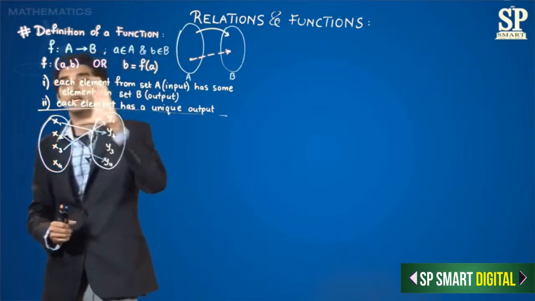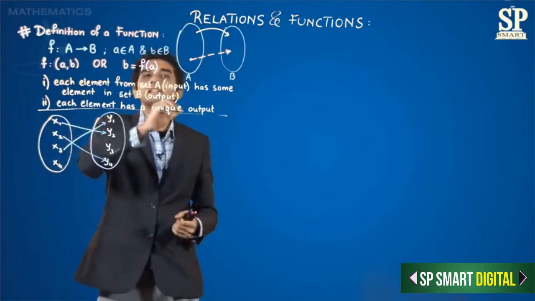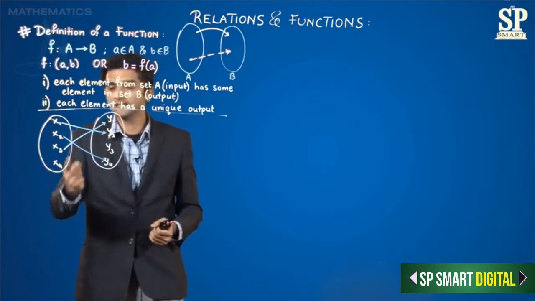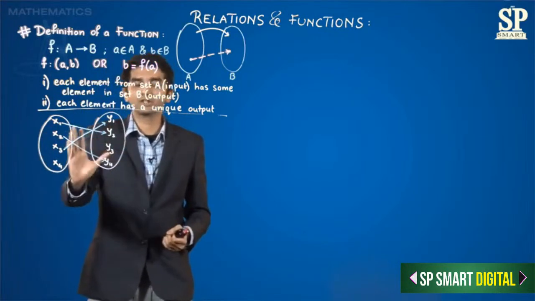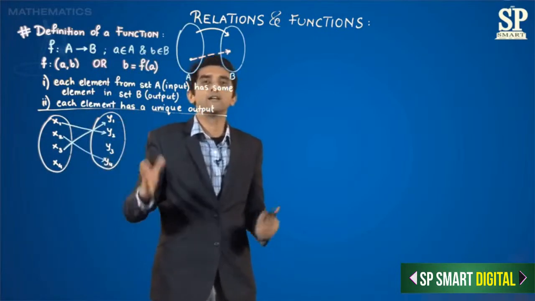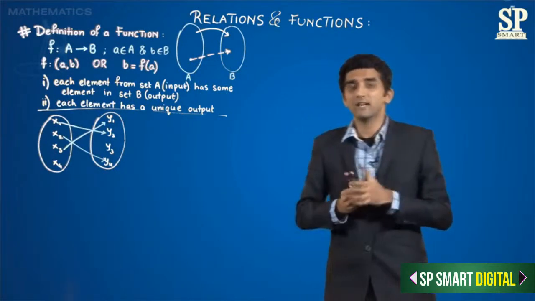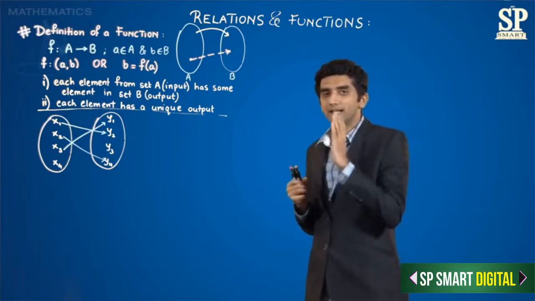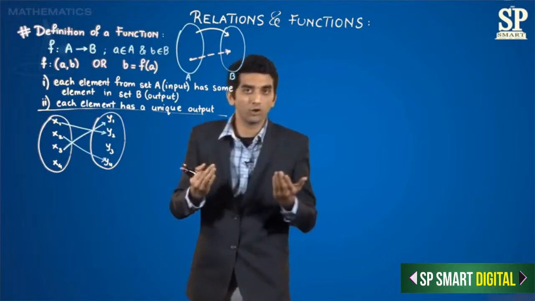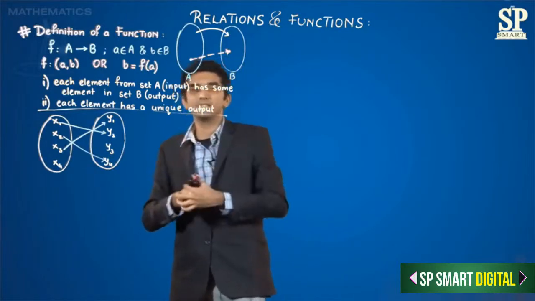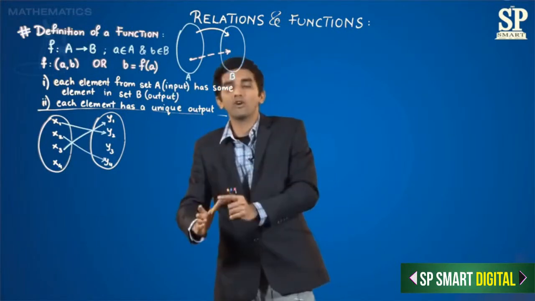The condition is not on set B, the condition is on set A, and the condition is that every element needs to have some output. In this case, since x4 does not have an output, this particular connection is not a function, it is a relation. Now on this note, let us understand that every function is a relation, but every relation is not a function, because these two conditions are applied for a particular relation to be called a function.